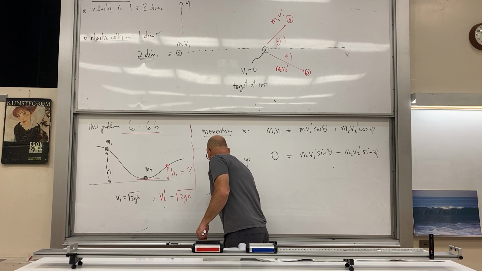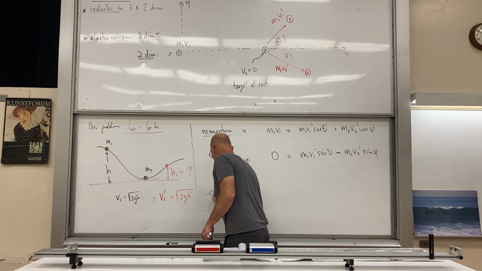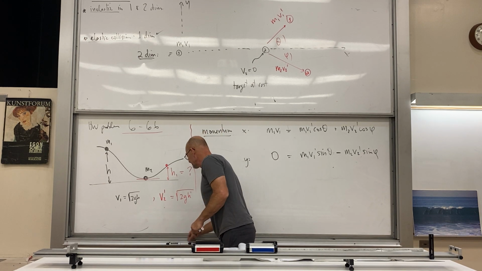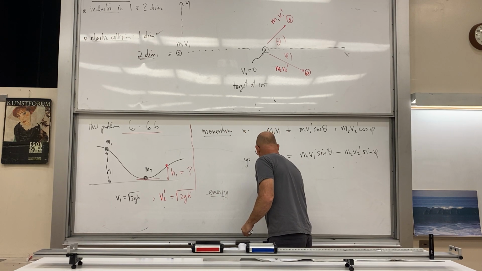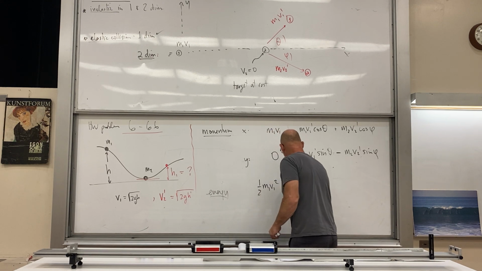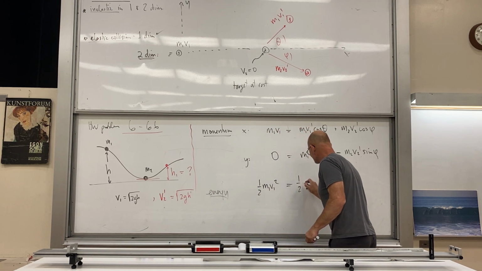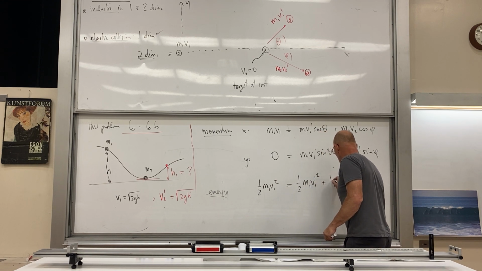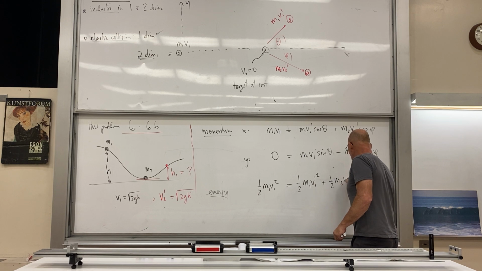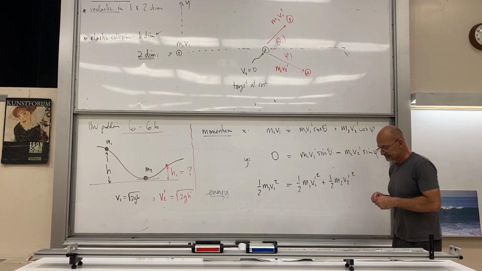And the energy equation we still have as before. So before the collision we have 1/2 M1 V1 squared. After the collision, 1/2 M1 V1 prime squared, plus 1/2 M2 V2 prime squared.